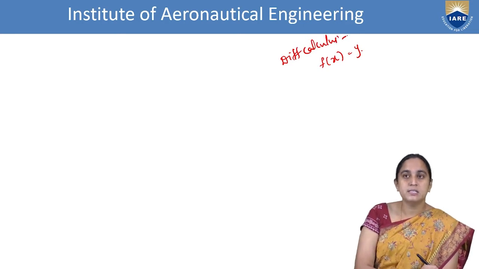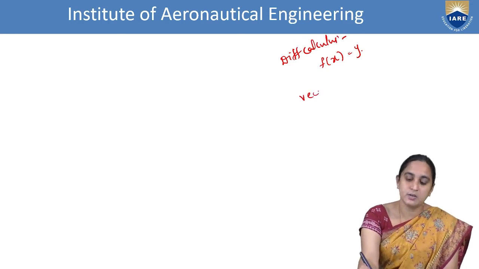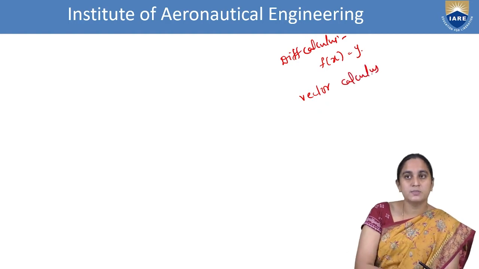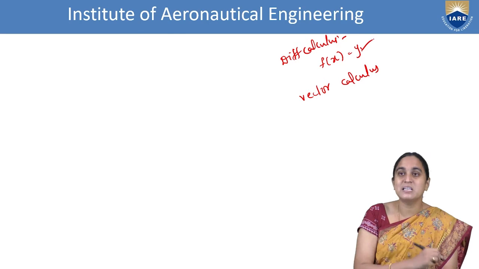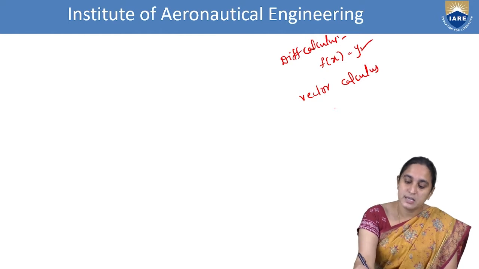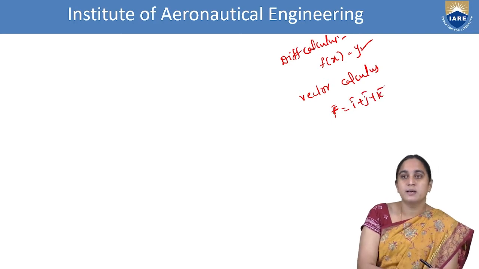But what we discussed now is vector calculus. What is vector calculus? Observe here, in differential calculus the function y is in terms of x, but in vector calculus the function is a vector, that is f bar is equal to f1 i bar plus f2 j bar plus f3 k bar. We are defining the differentiation on the vector.